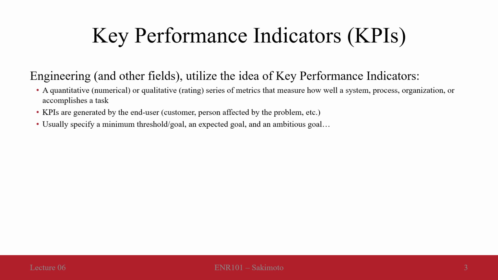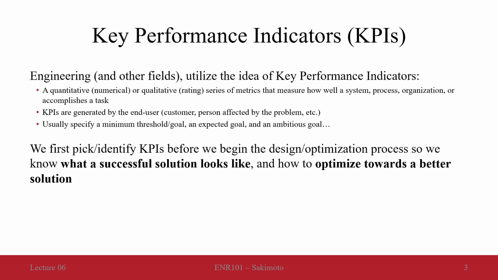A minimum baseline: all solutions must meet this minimum improvement. Some expected goal based on what we think we're able to do, and maybe an ambitious goal. This process of creating KPIs ultimately helps us be better engineers. One, it tells us what a successful solution looks like.